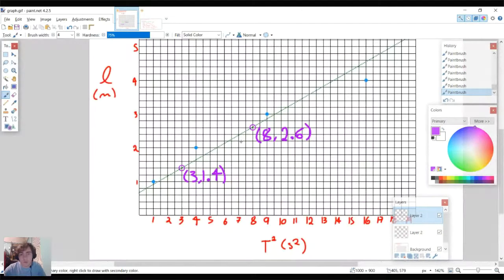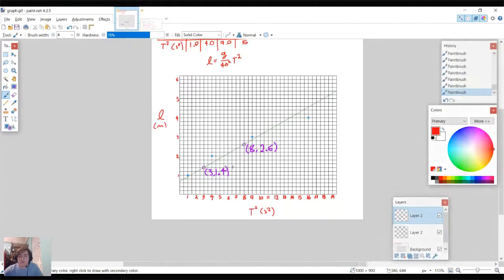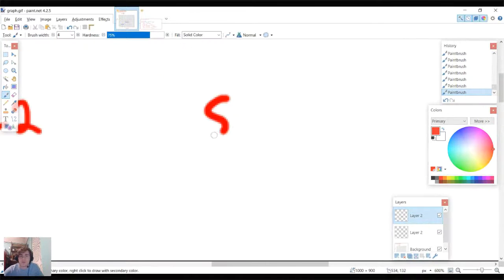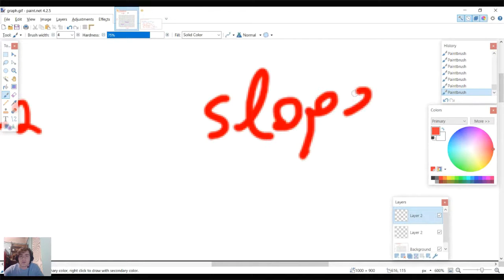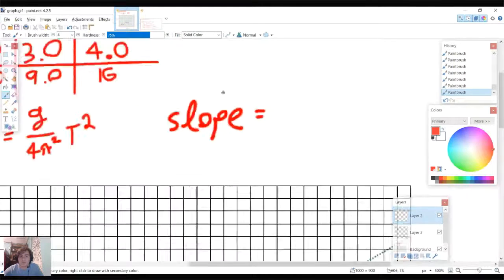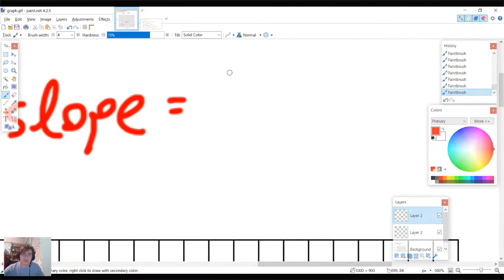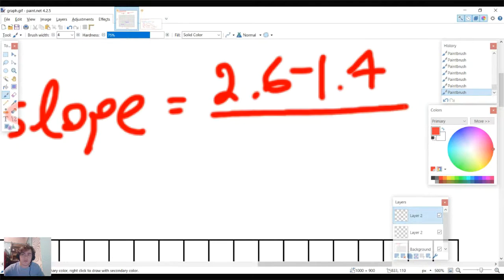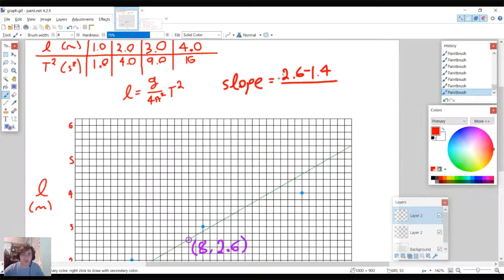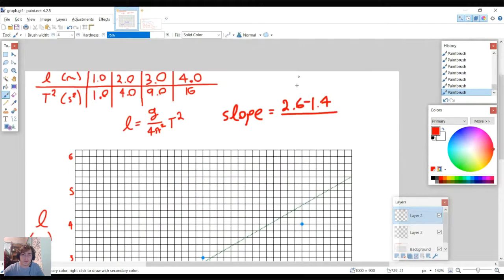So we want to calculate the slope of that line. The slope is just change in y over change in x, right? So we have points here. So the slope is going to be equal to, let's use the first point, the change in y, which would be 2.6 minus 1.4 over the change in x, which would be 8 minus 3.